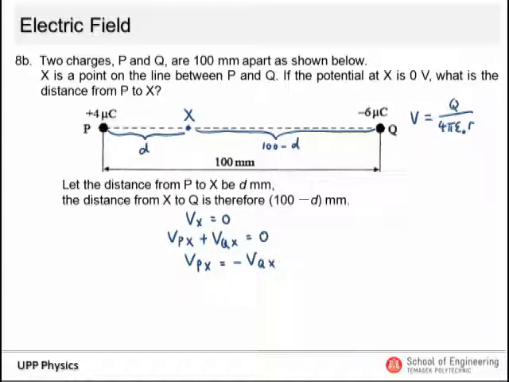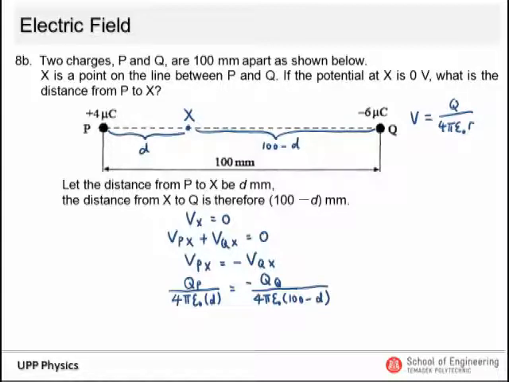The potential at point X due to charge P is the charge at point P over 4 pi epsilon naught times d, because X is a distance d from charge P, and is equal to the negative of charge Q over 4 pi epsilon naught times 100 minus d, because point X is 100 minus d mm away from charge Q.